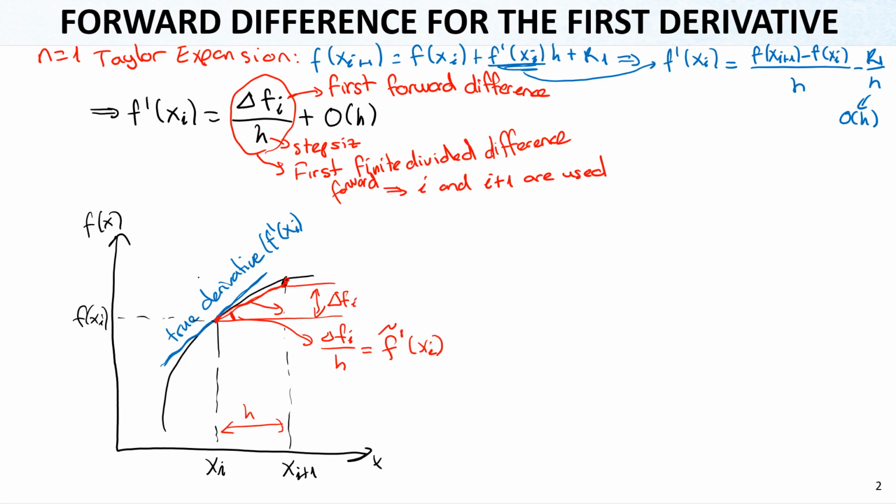And because the remainder term has only an h value here, halving the step size halves the error. And let's write down the final formulation here. f'(xi) is approximately equal to delta fi divided by h. Halving the step size halves the error.